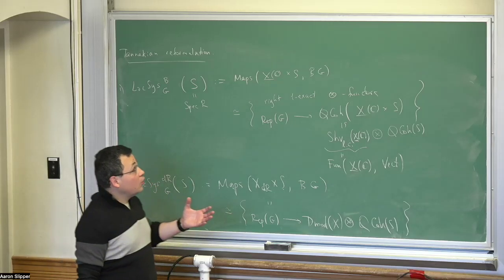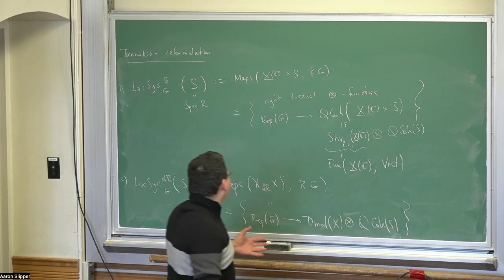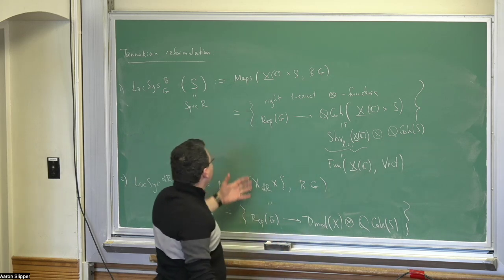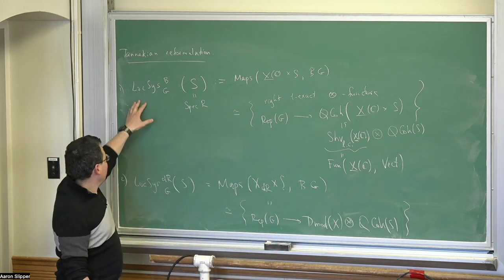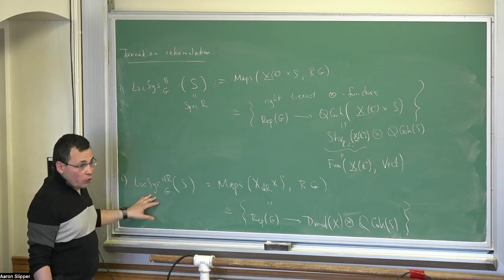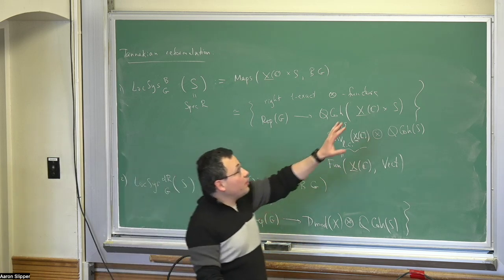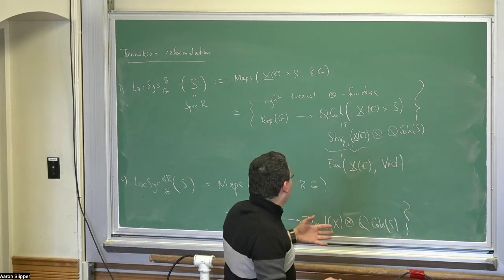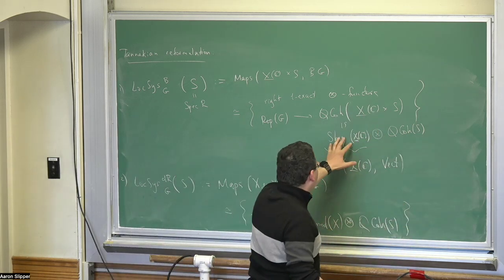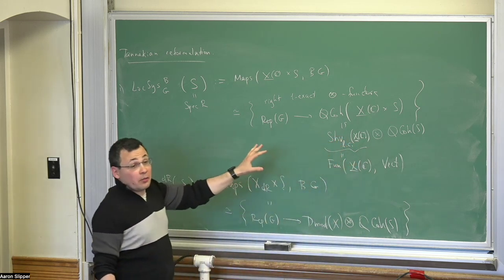One thing I want to emphasize is that, hopefully, this makes these two stacks look a little more uniform. What this suggests is that the key input is not some kind of space, but the version of what our notion of local systems is.